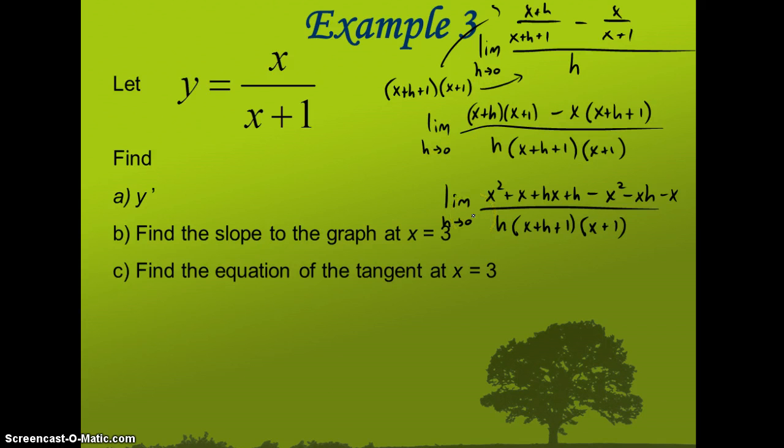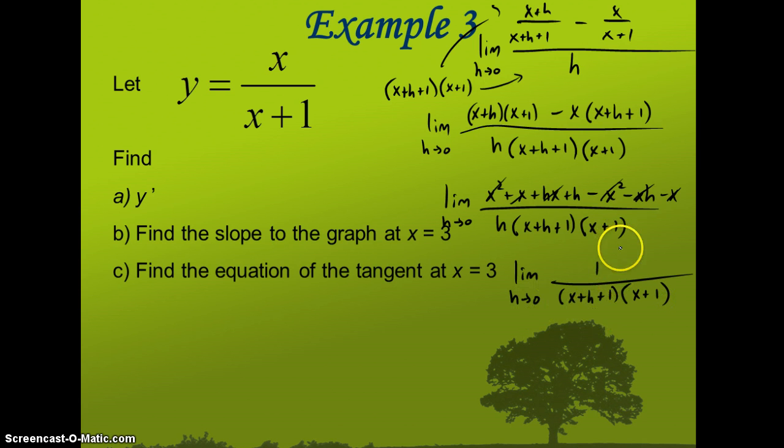I would encourage you to keep doing that, just to remind yourself that it's there. X squared, negative x squared, hx, xh, same thing. X and x, look at that, all the non-h's went away. So I've got myself a limit as h approaches 0 of h over h is just going to be 1 over x plus h plus 1 times x plus 1.